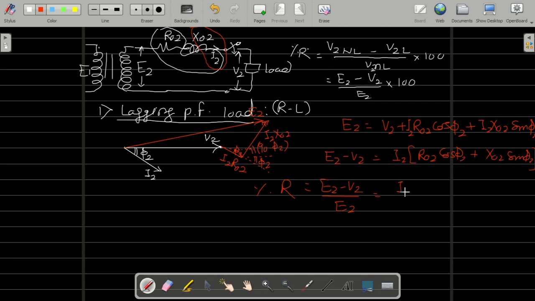So this is I2 into R02 cos phi 2 plus X02 sin phi 2, and I2 we have taken common, upon E2. Multiply by 100, and that is the percentage regulation. This is the formula we have already used earlier, clear?